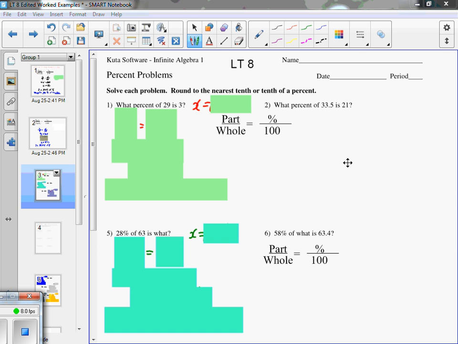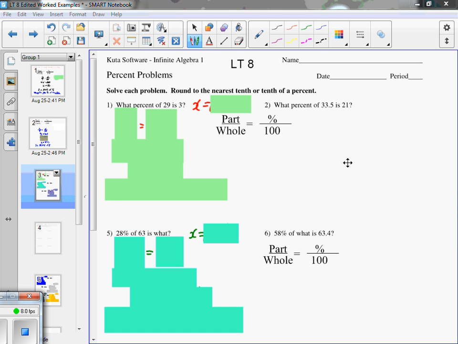Solve each problem. Then it says round to the nearest tenth or tenth of a percent. I'm going to be flexible on the rounding. If you want to do hundredth, that's fine. I don't care. Okay? Now, I'd worked these out and then decided I'd better come back and do this, because the hardest thing for students is usually, what's the x? Is it the part, is it the whole, or is it the percent?